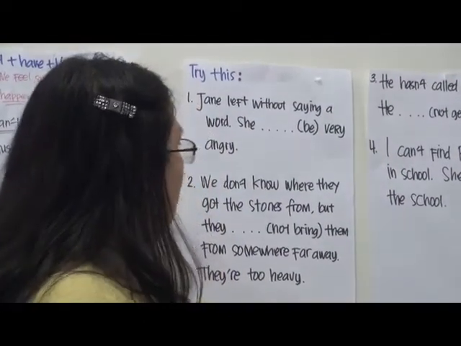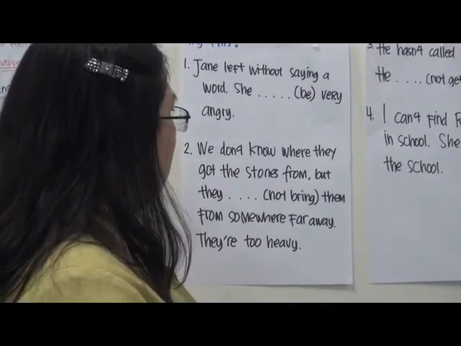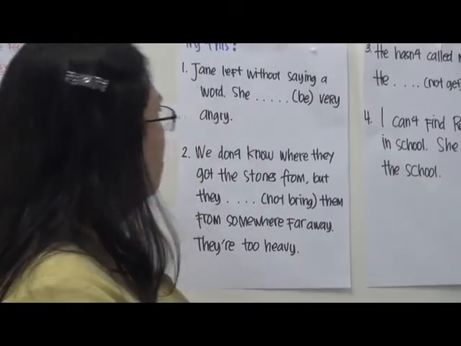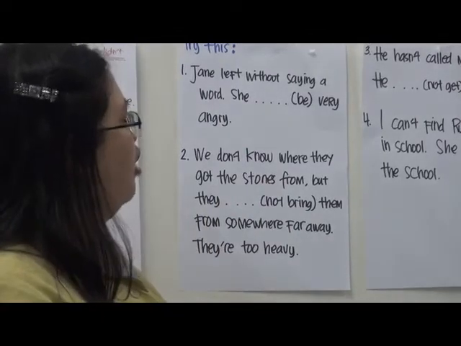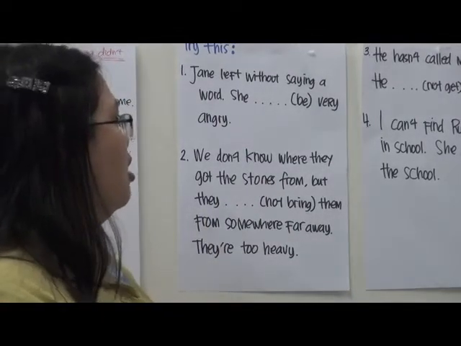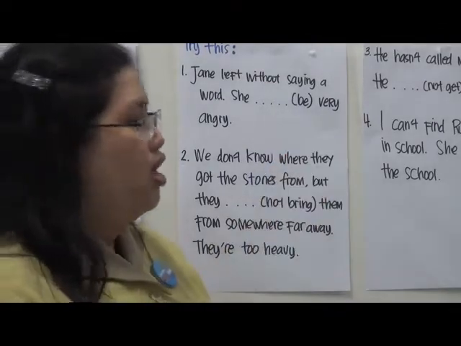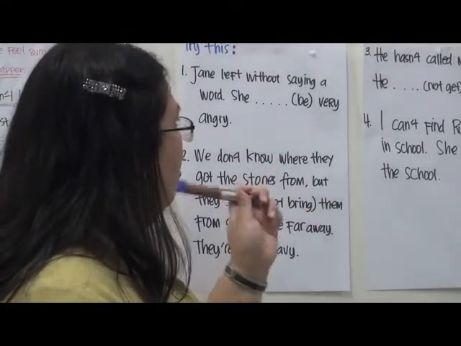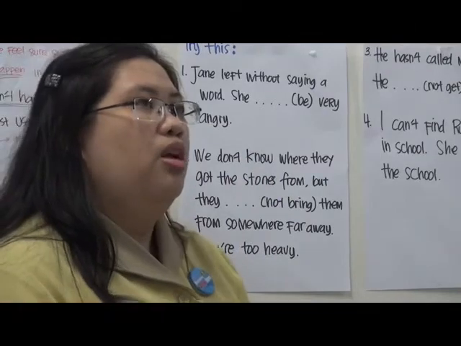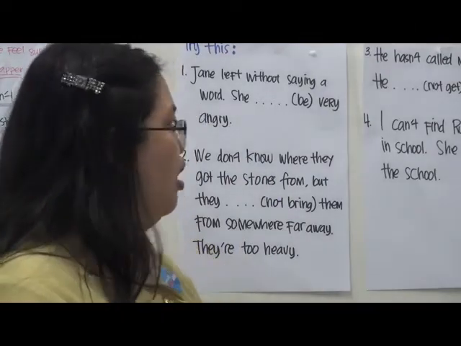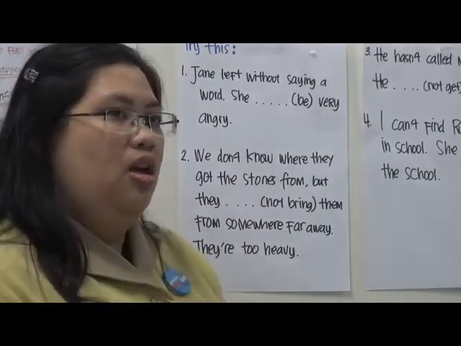Okay, let's try some of this exercise. Number 1, change the word without changing a word. See the blank in the bracket is the word that you have to change to verb 3. Very angry. So if you think someone left the room without saying anything, then what do you think it will be?